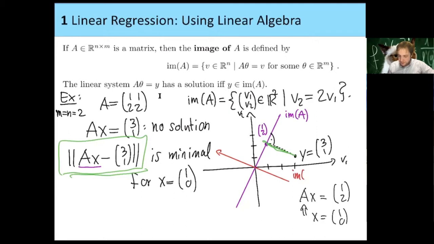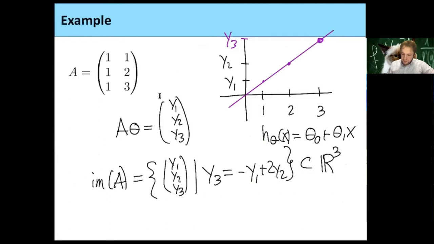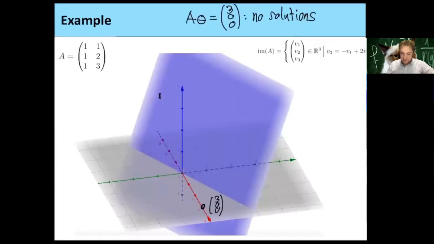So we could write here, this is the orthogonal complement of this image of A. And in this picture here, the orthogonal complement would be somehow this thing here. So this should be a line. Or maybe it looks more like this. So this here is the orthogonal complement of the image of A, which is just this line being orthogonal on this blue plane.